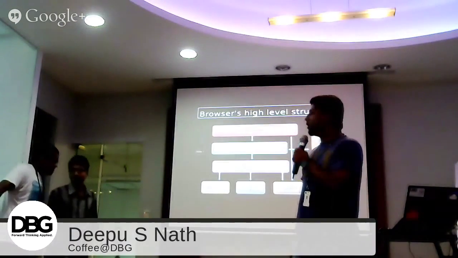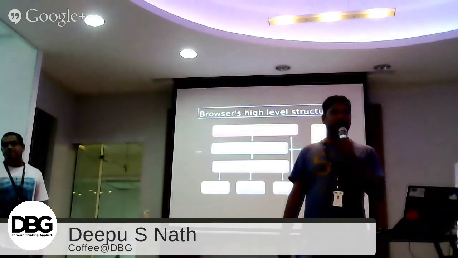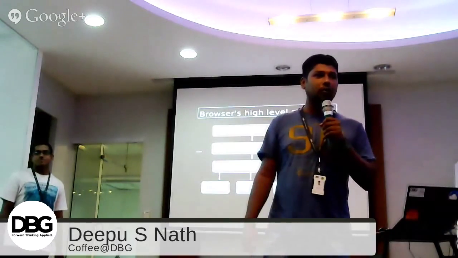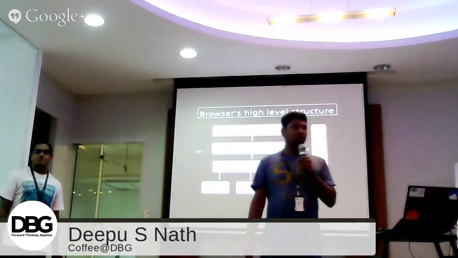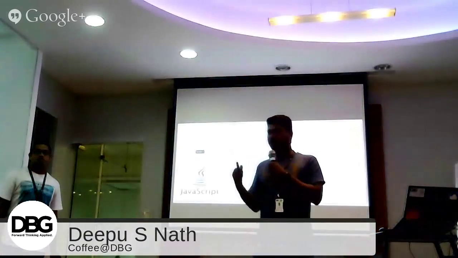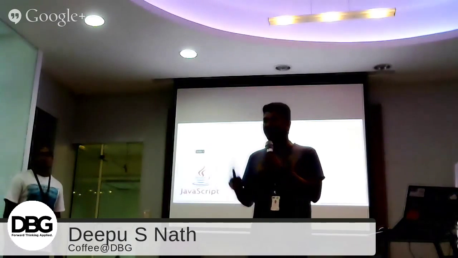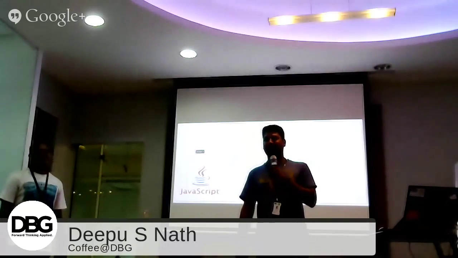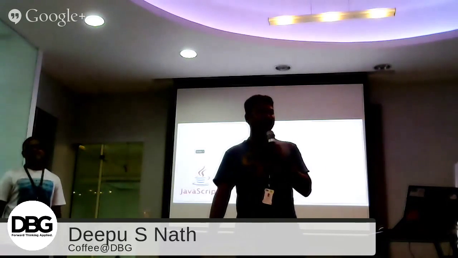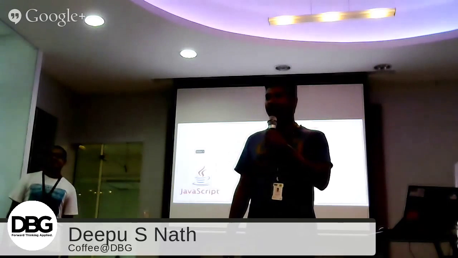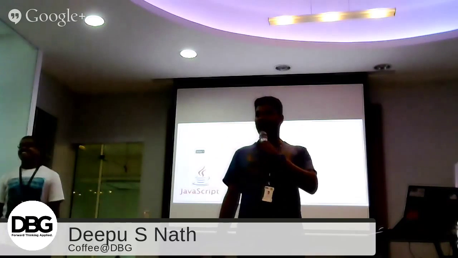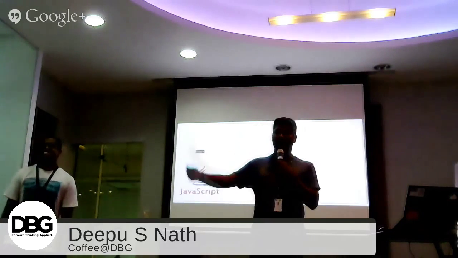Then we spoke about browser engines. Did you get anything from this slide? That is a basic idea about how the browser engine works. What are the components that we have in a browser engine? The network component, the UA component that we see, then the JavaScript engine, the rendering engine, then the backend UA.